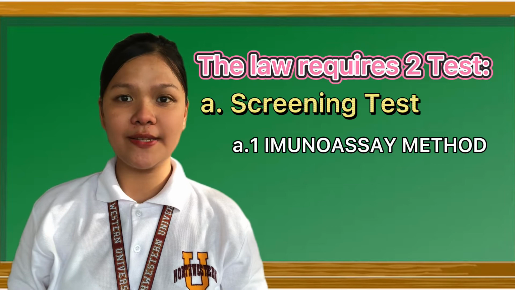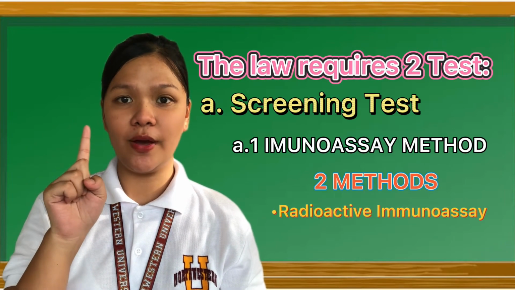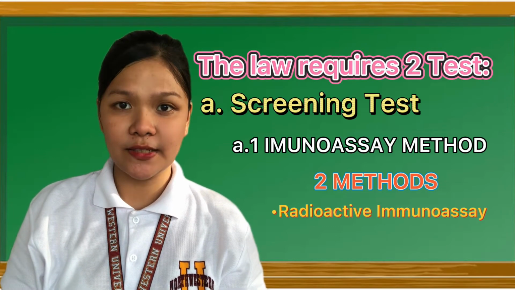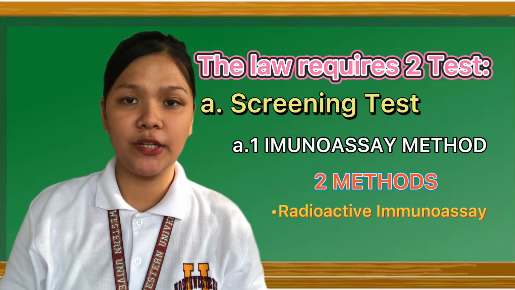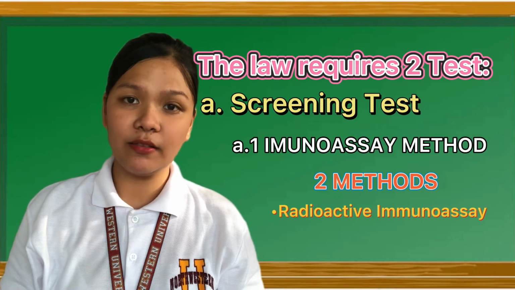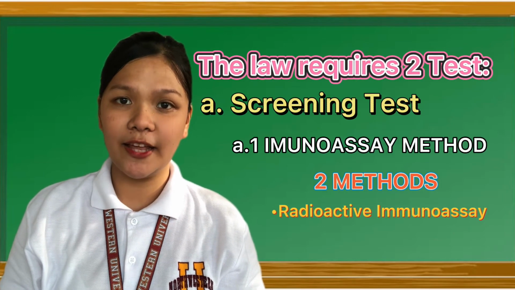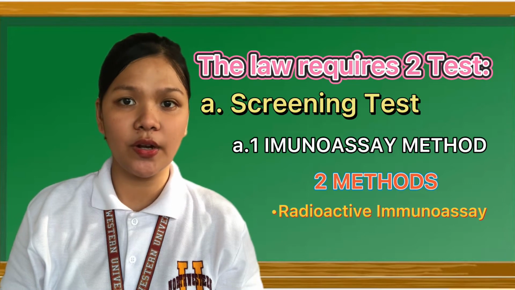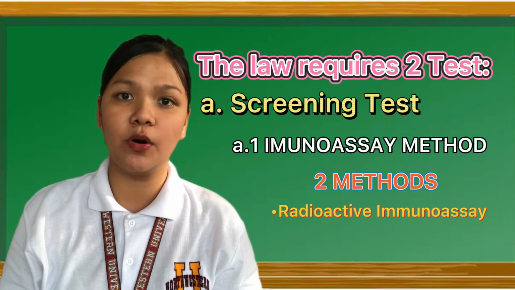So the immunoassay method has 2 methods. The radioactive immunoassay, which means an immunoassay is a test that relies on biochemistry to measure the presence and or concentration of an analyte. The analyte can be large proteins, antibodies that a person has produced as a result of an infection, or small molecules.